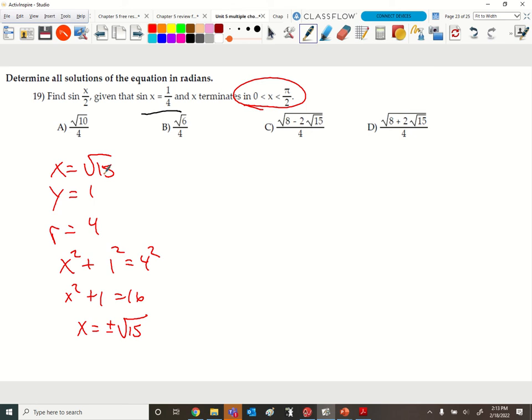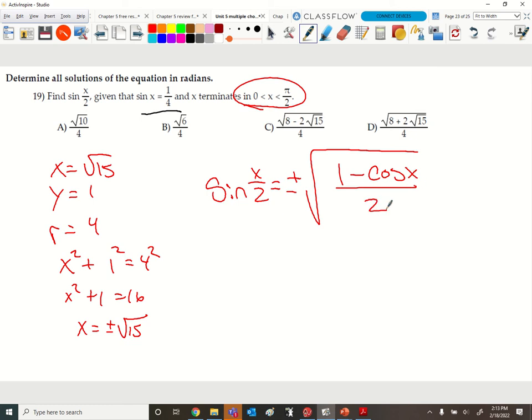Now, it says find sine of a half angle. Sine of x over 2 is equal to plus or minus the square root of 1 minus cosine of x, divided by 2. That's the formula there.